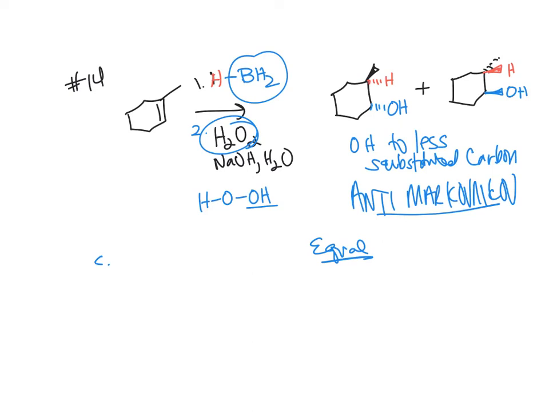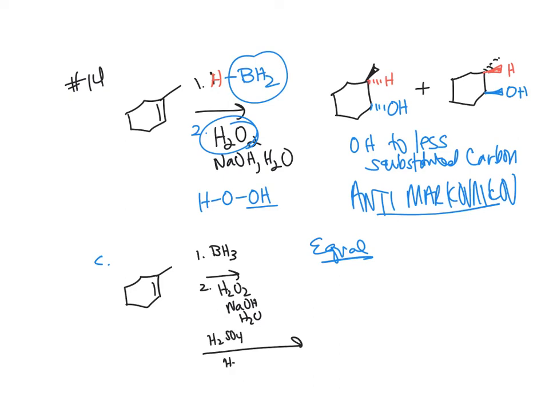So let's do this reaction here. And they're saying compare with BH3 and hydrogen peroxide, or the other one, which is hydroboration versus acid and water. So sulfuric acid and water.